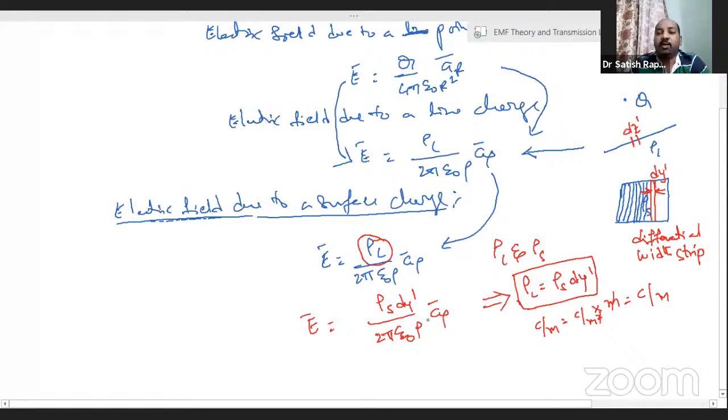This is the relationship between rho L and rho S.